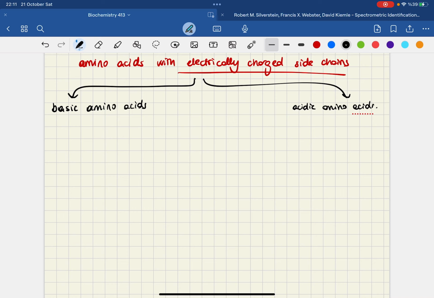So it will be something like this. We have our beta carbon and we have our alpha carbon over here.